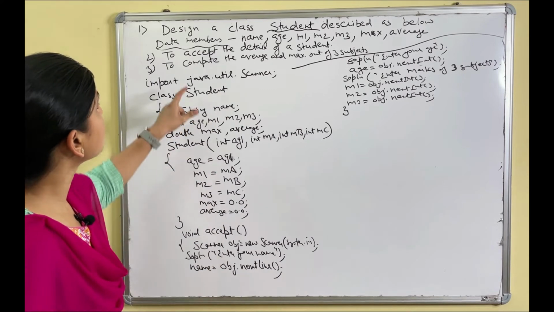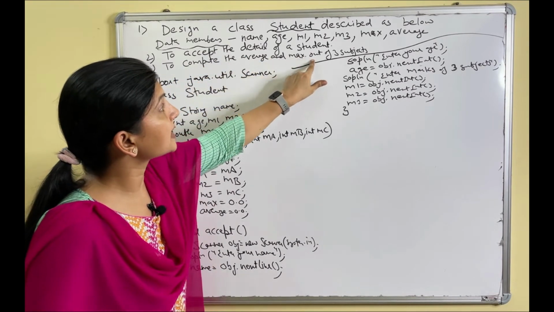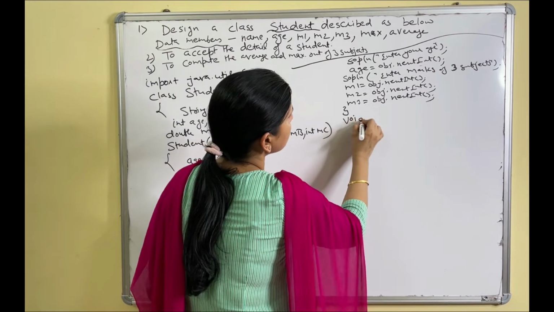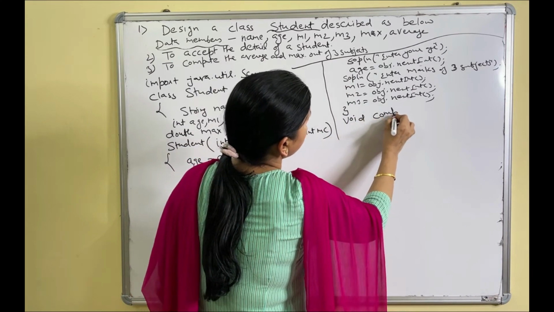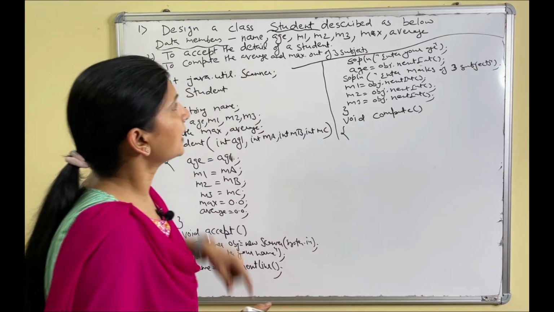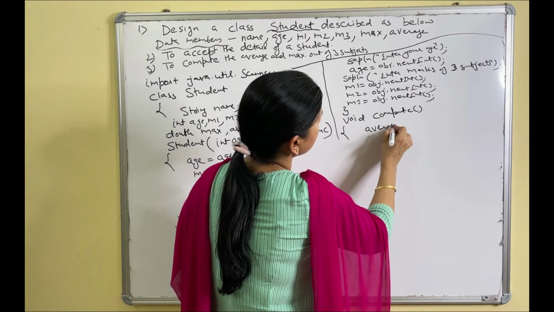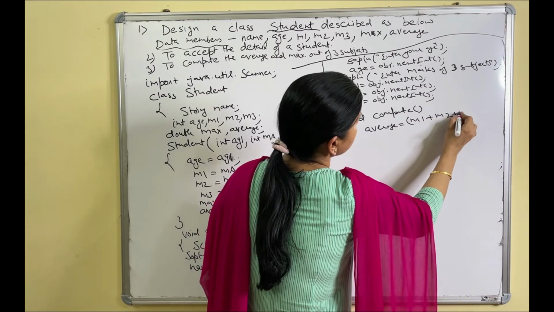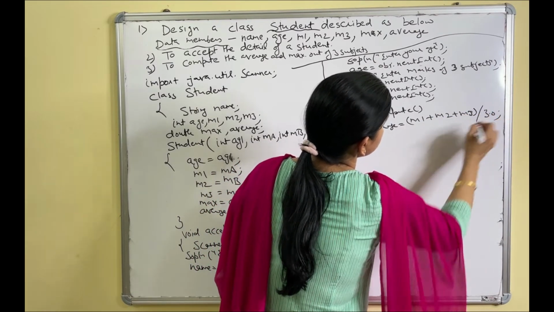Now the third method is to compute the average and maximum out of 3 subjects. So we will make another function, compute, void compute, and in this we will calculate the average and maximum out of 3 subjects. So how will you calculate average? Simple, (M1 + M2 + M3) / 3.0.